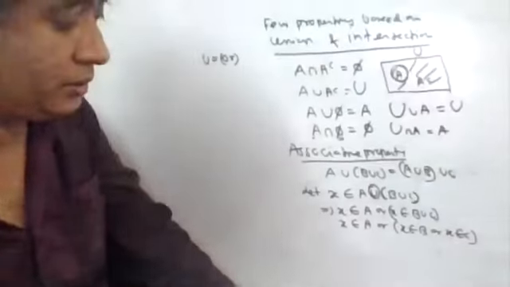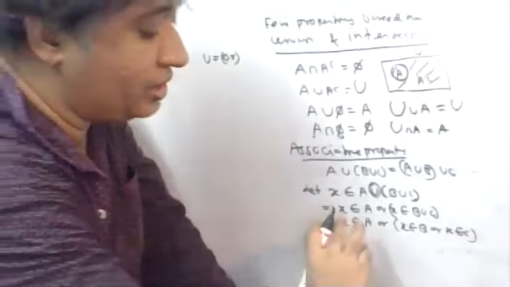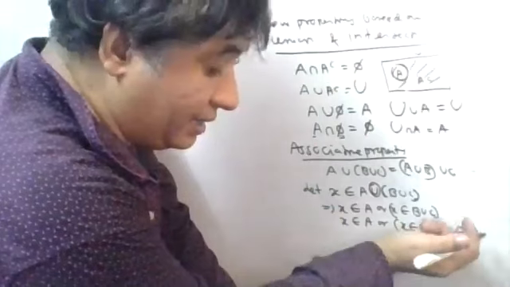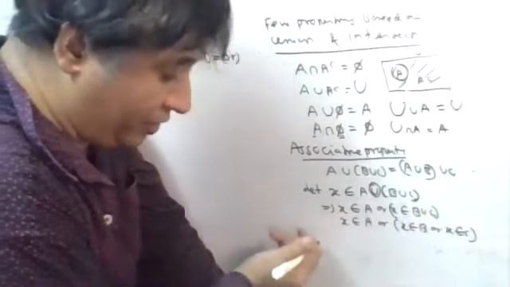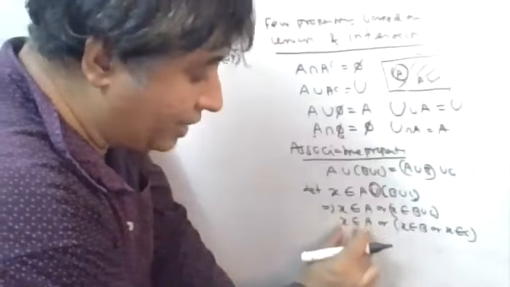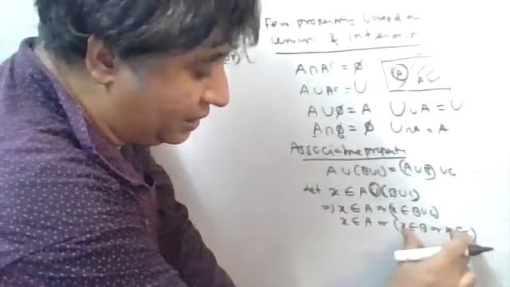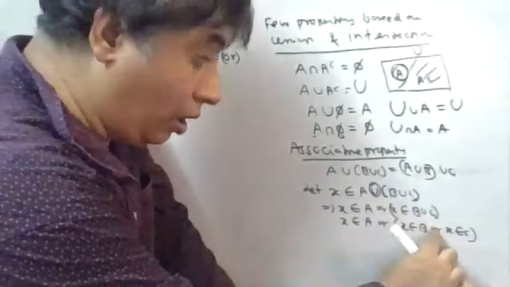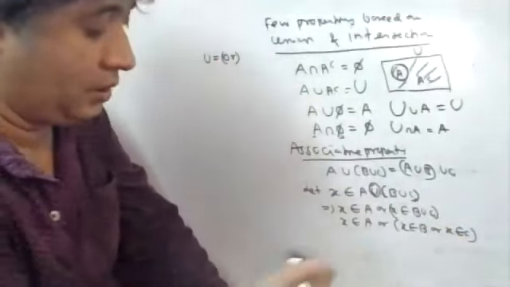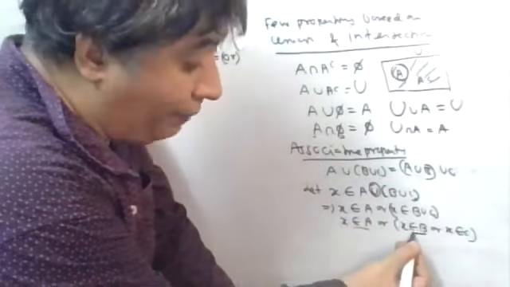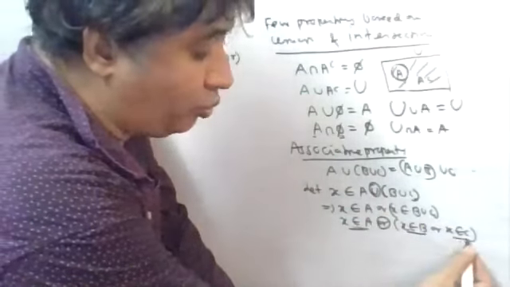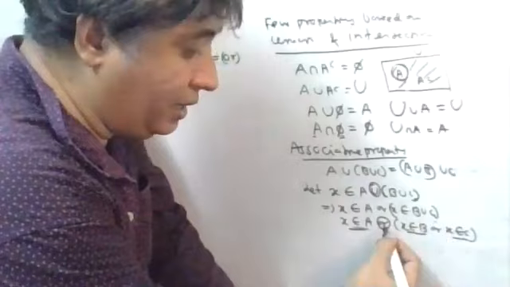Hope you understood. Now you just skip this bracket one step left. How? X belongs to A or B, or X belongs to A or C. This will be clubbed with this with the or sign, again by the or sign.